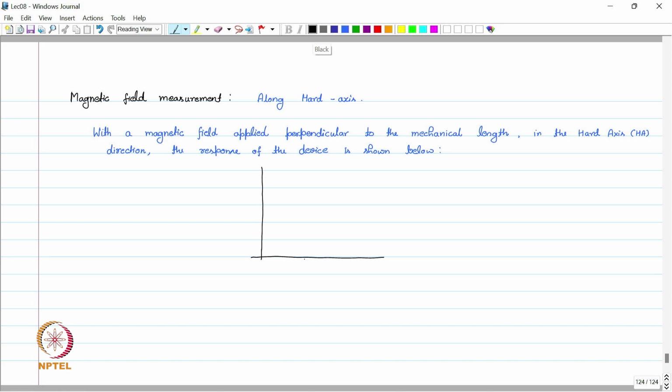So for example, we have this graph. On the x-axis we have the angle, let's say given as 0 degrees, 0, 10, 20, 30 and so on.